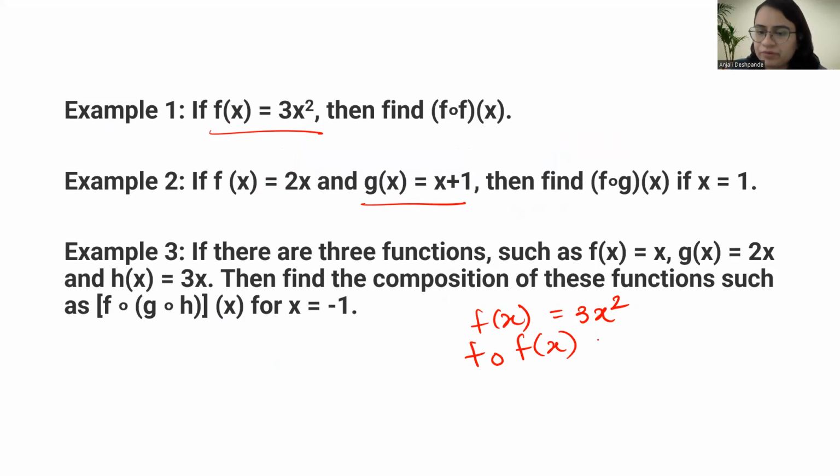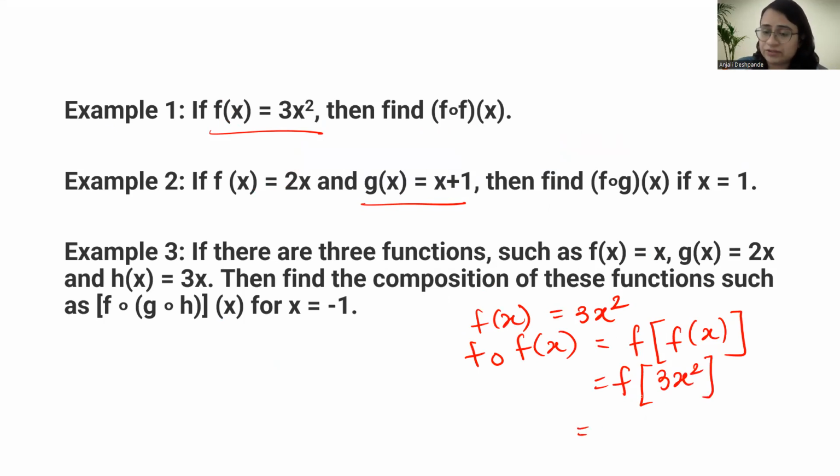So f composition f of x is nothing but f of f of x. What is f of x? 3x square. So now your x is 3x square. Put it again in f of x. So 3 into 3x square, the whole square. What will you get? 3 into 9x raised to 4, which is nothing but 27x raised to 4.